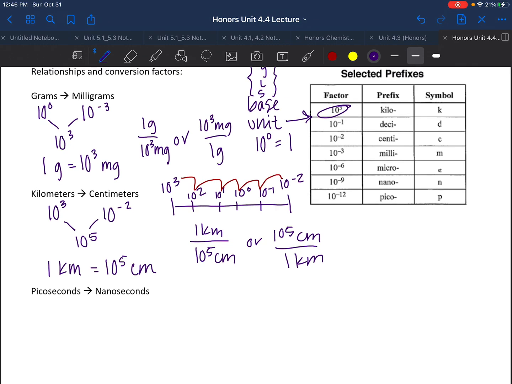Practicing one more with picoseconds and nanoseconds. Pico has a value of 10 to the negative 12th, nano 10 to the negative 9th. The difference between these is 3 powers of 10.